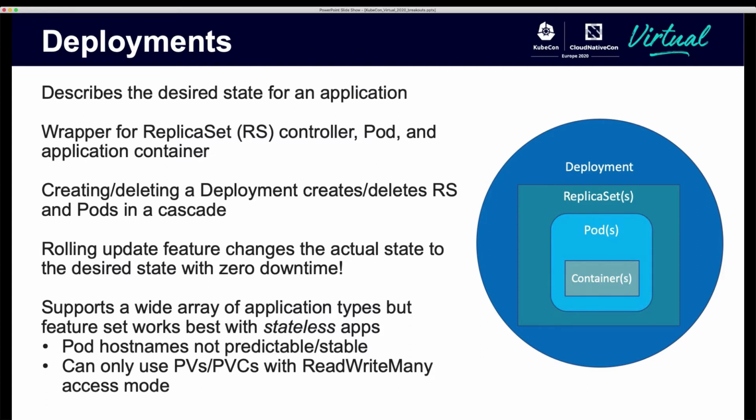It's actually a wrapper for another controller called a ReplicaSet, which enforces the replication factor. Replication factor is of pods, of course, and then within pods are application containers. But what that means is that if we create a deployment, then in a cascade, we're going to create the replica set, the pods, and the containers. And if we delete a deployment, we do that in a cascade as well.